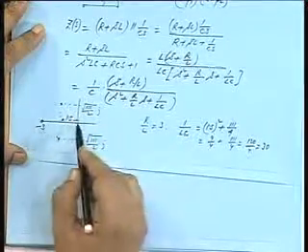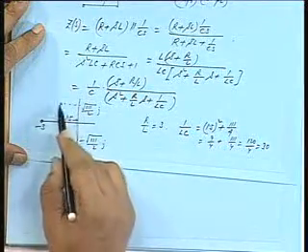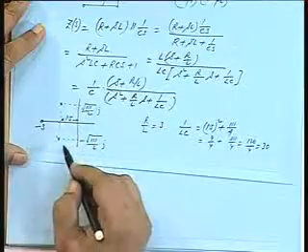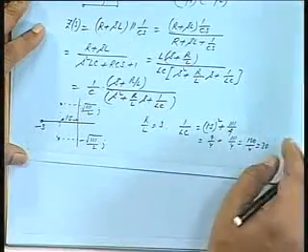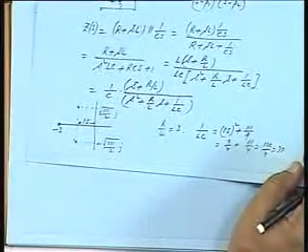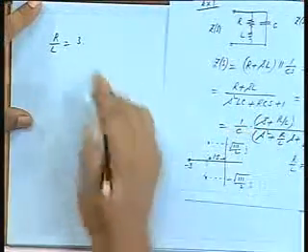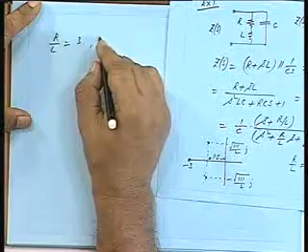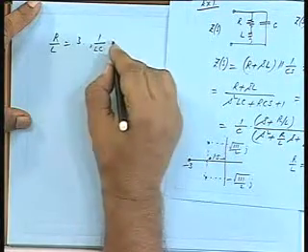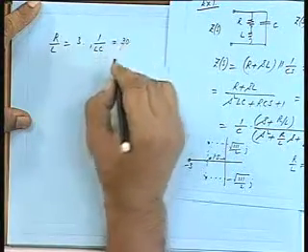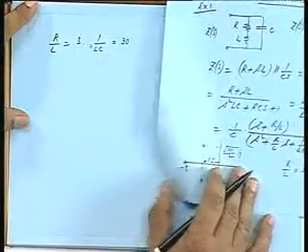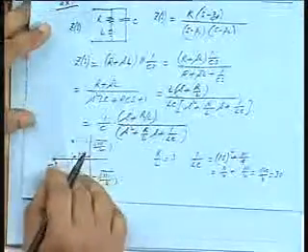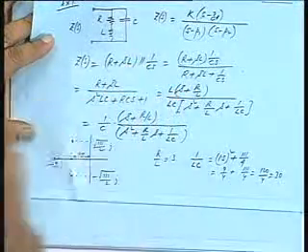Let us see. This is 1.5, this is root 111 by 2. So what will be C? There is some redundancy.